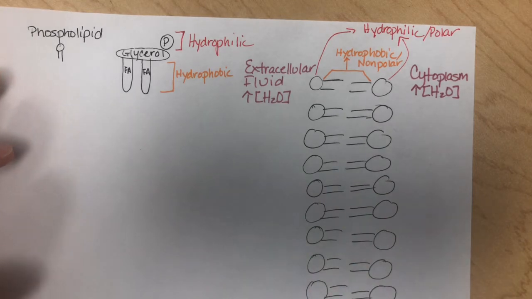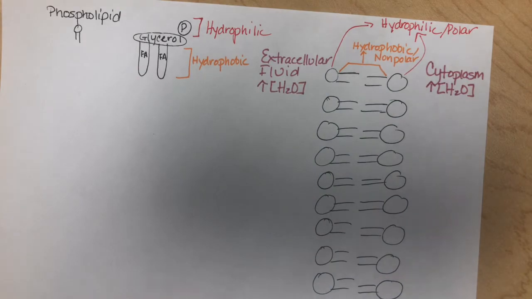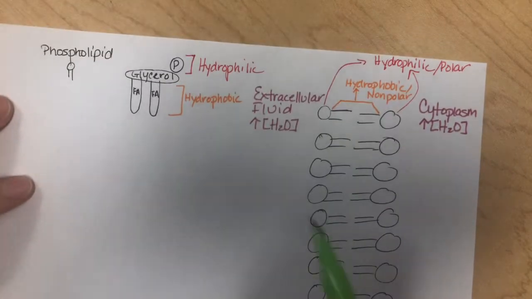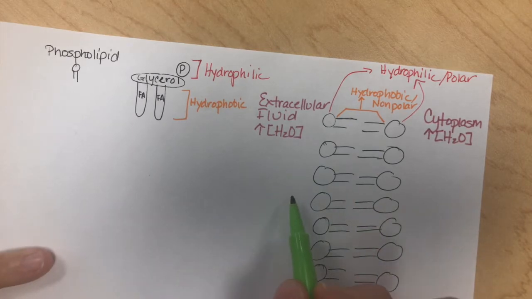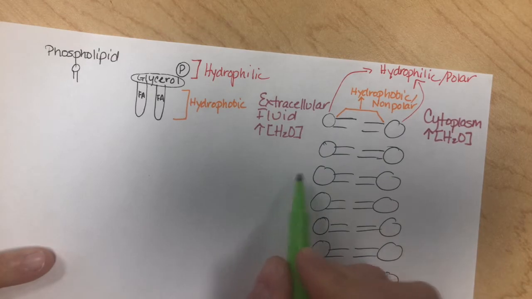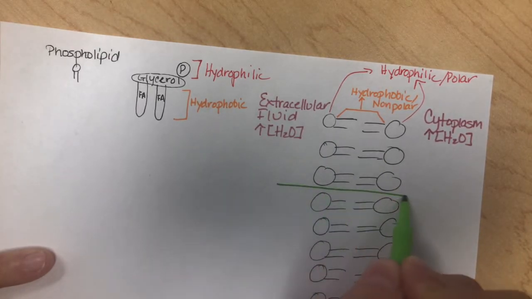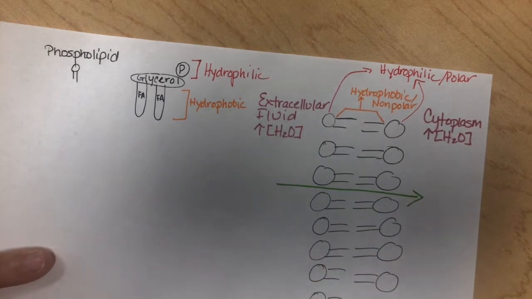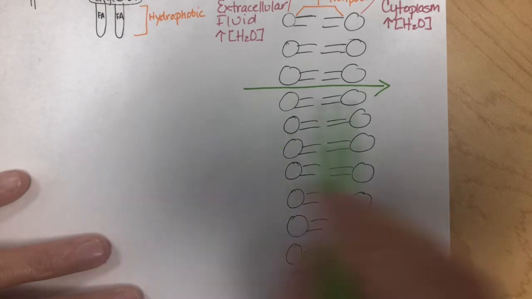So let's start with, I'm going to use the color green. What kinds of things can get into the cell or through the lipid bilayer? Things diffuse going from a high to a low concentration. So if something is going to go into the cell, it can go right through the lipid bilayer like this, if there's a higher concentration here than here.